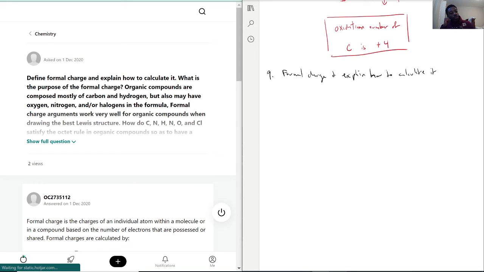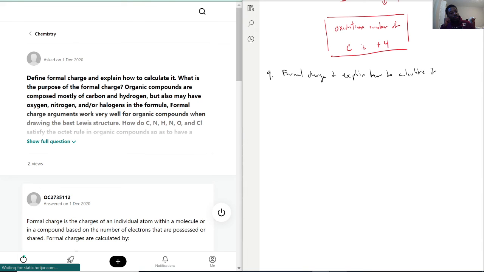Organic compounds are composed mostly of carbon and hydrogen, okay, but may also have other elements and atoms, and formal charges work very well for organic compounds when drawing the best Lewis structure. How do these satisfy the octet rule in organic compounds so as to have a formal charge of 0?